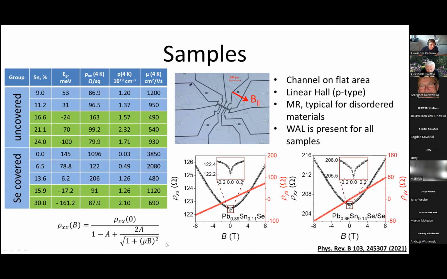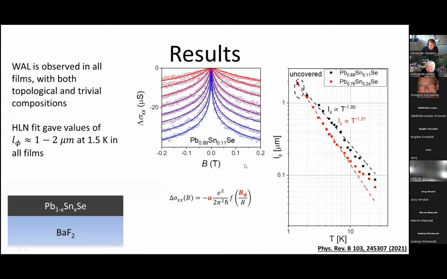And the Hall effect showed quite high p-type concentration. What is important here is that we saw the weak antilocalization effect in all studied films. So it's a first check that the symmetry considerations I presented above were correct.